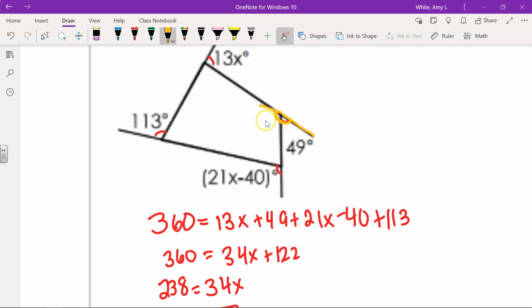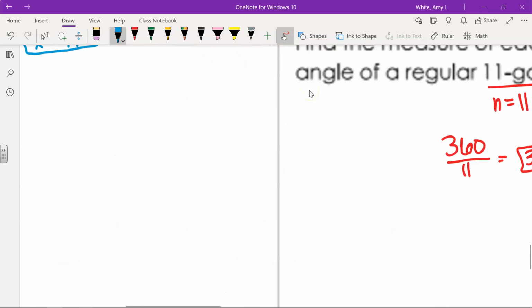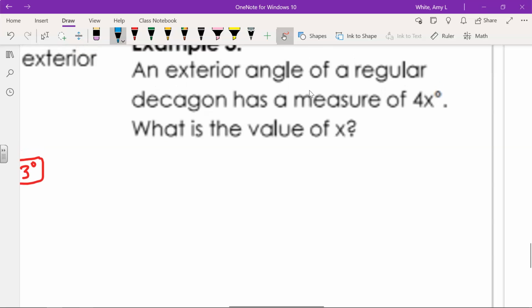They form 180 degrees. So if you know the exterior angles, you can calculate the interior angles, and vice versa. This is nice because sometimes it is significantly easier to calculate the exterior angles than it is to calculate the interior angles. Let's do one more example together.